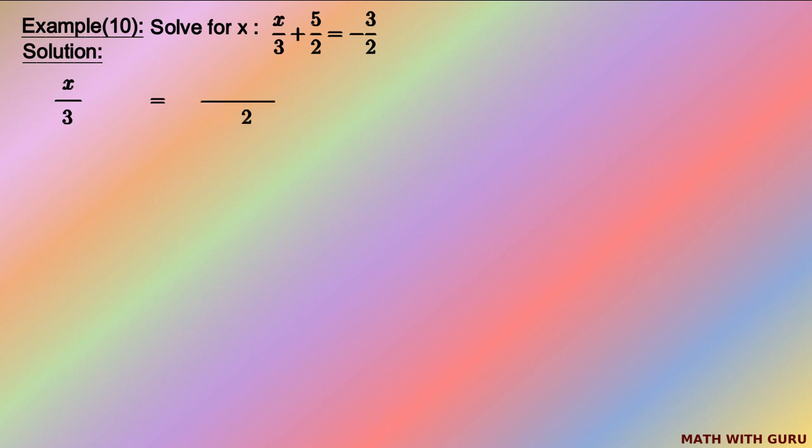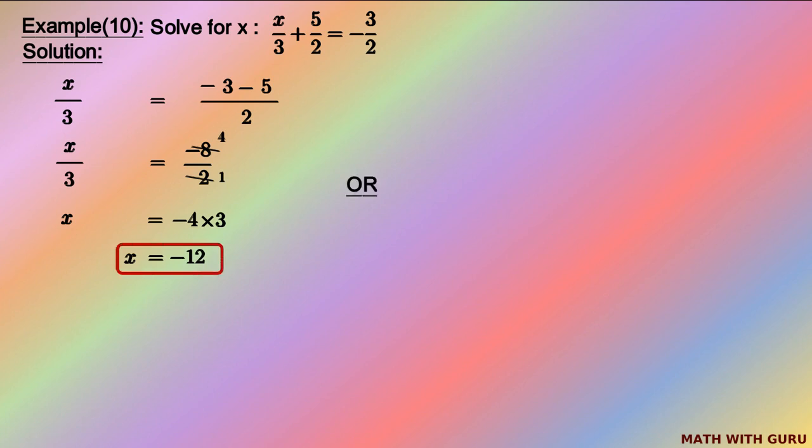So we can write the numerators over the common denominator like this. Minus 3 minus 5. Then we get x over 3 equals minus 8 over 2. 2 fours are 8, 2 ones are 2. X over 3 equals minus 4. Bring 3 to the right hand side, it multiplies minus 4. X equals minus 12. Or this problem can be tackled in another way like this.